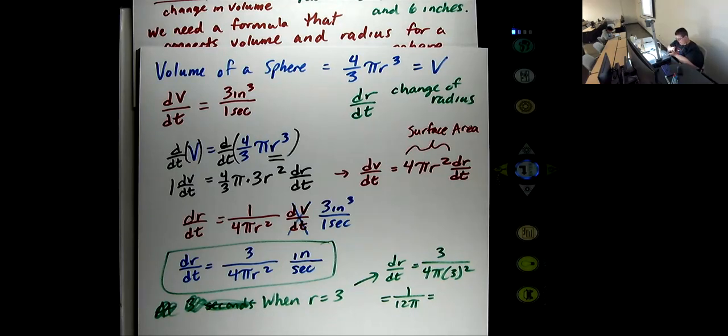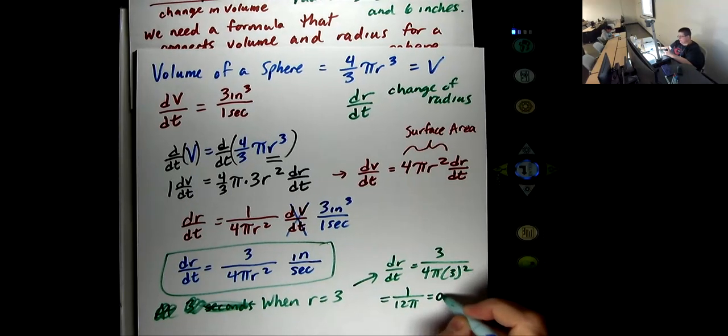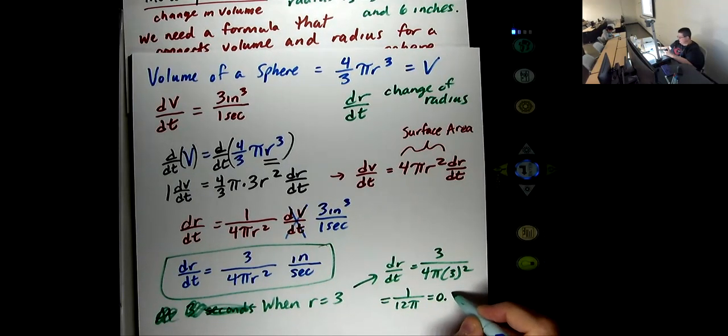Twelve times pi, and then 1 divided by the answer: 0.0265. And that's inches per second.